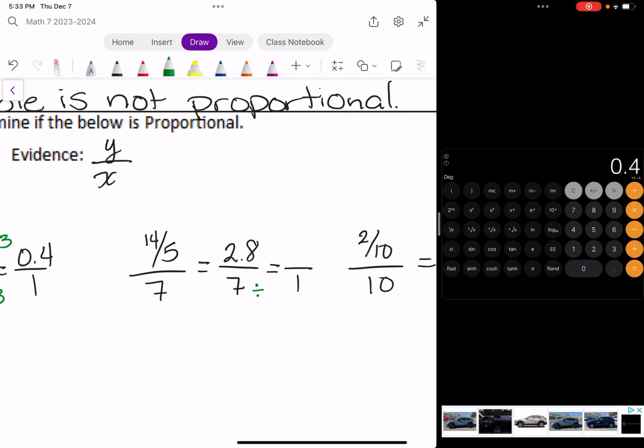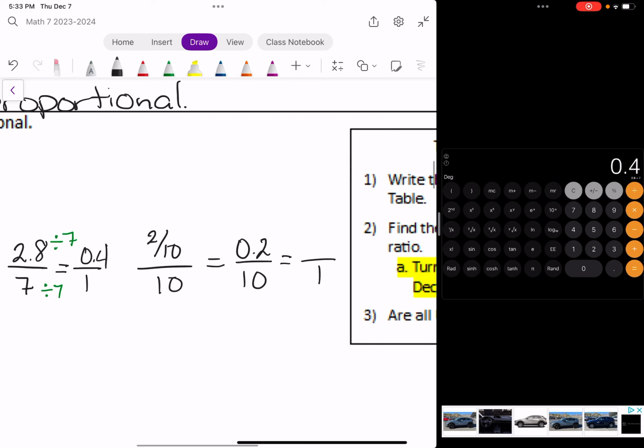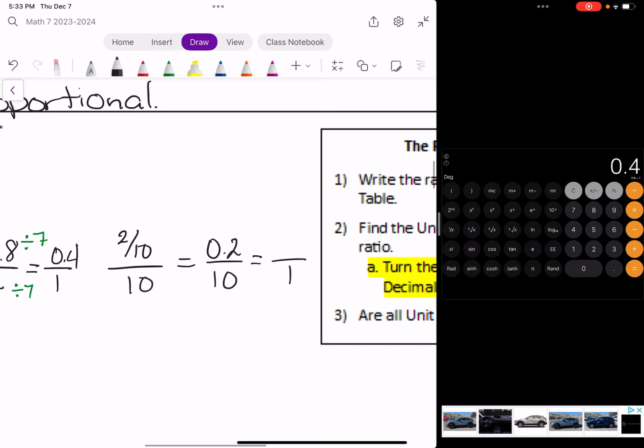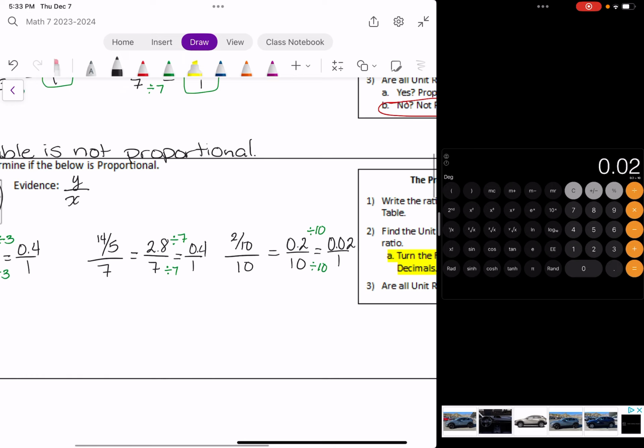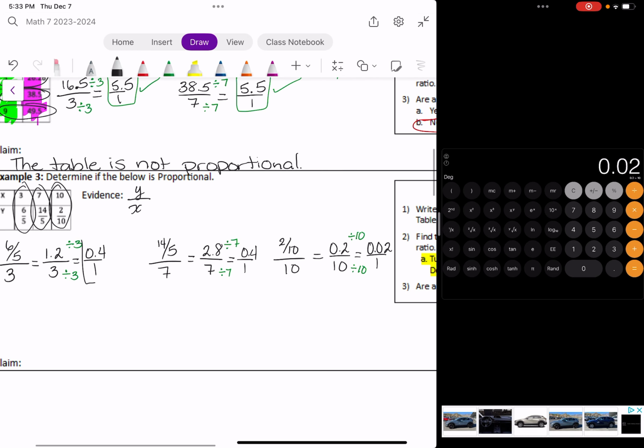I have to divide 7 by 7 to get 1. Do that to the top. 2.8 divided by 7. That is also 0.4. And then our last one, divide the bottom by 10. So we have to divide the top by 10. So 0.2 divided by 10 is 0.02.